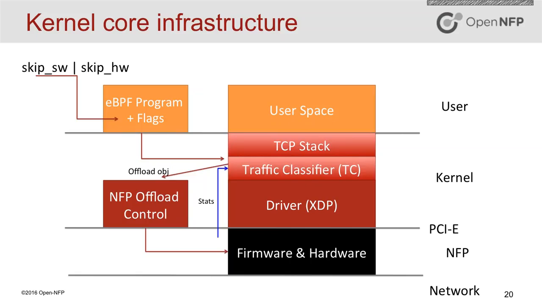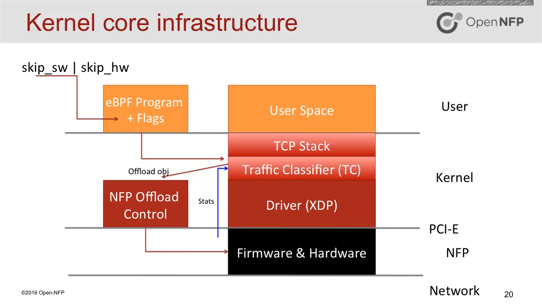One more thing on this diagram. As you can see, there is a blue arrow which shows stats coming back from the hardware into the Traffic Classifier. It's important to note that the offload we are performing must be transparent. That is, the user space should not be able to determine whether the program is running in the hardware or in software without performing some sort of system calls.